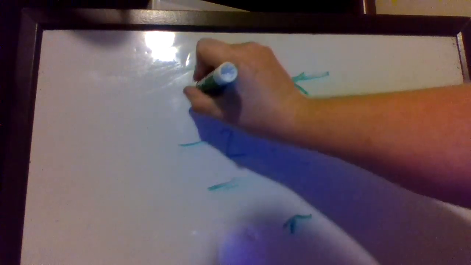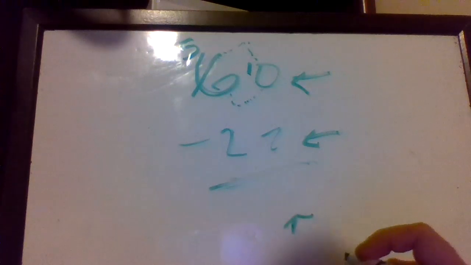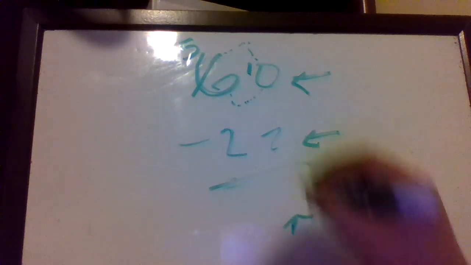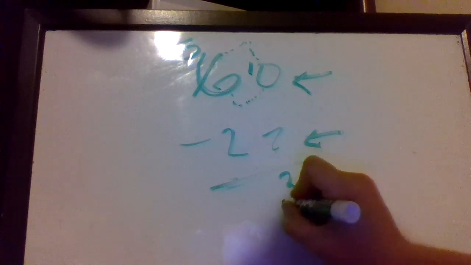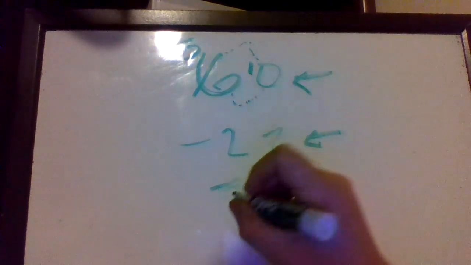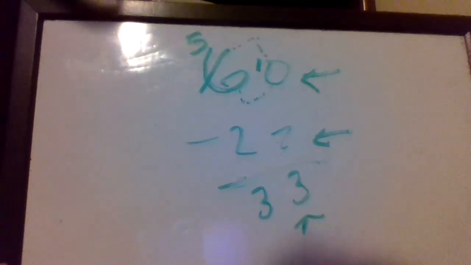And the 6, instead of having 6 cups of sugar, now he only has 5 cups of sugar. So now we're ready to subtract. 10 minus 7 is 3. And 5 minus 2 is 3. So our answer is 33.